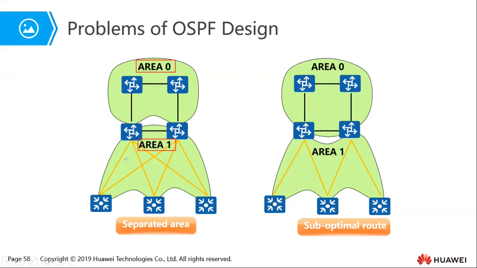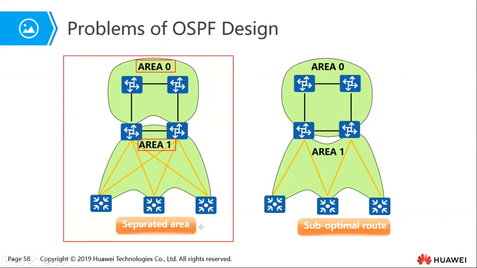Now, let's look at this one, for example. This example, we are focusing here. When everything is working correctly, the network is going to work okay. But if we have a link fault, for example, in the backbone area, this may cause the area to split, and therefore we might have routing problems.